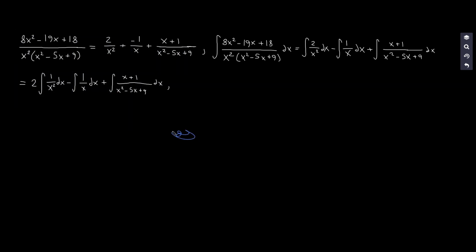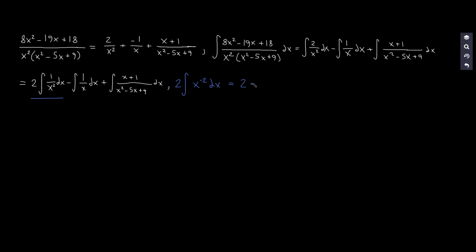So let's do this in this nice blue color. I'm going to look at this one first. We're going to have 2 times the integral of x raised to the negative second power integration with respect to x.